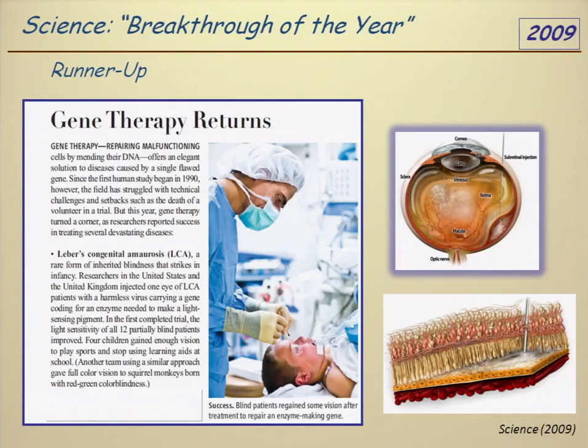It was only the runner-up. I don't remember what the winner was, but I think it should have been the winner. Here is Al Maguire, one of the authors on the first report of treating these kids with blindness. And he is treating a young man, injecting the gene into the eye.